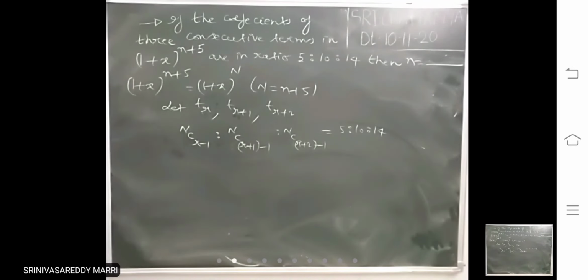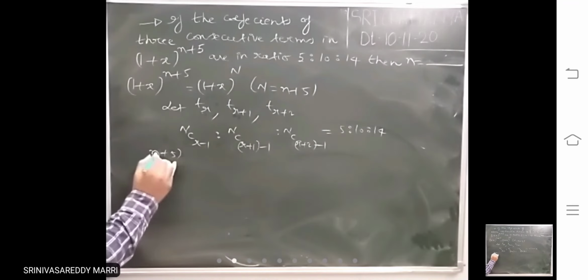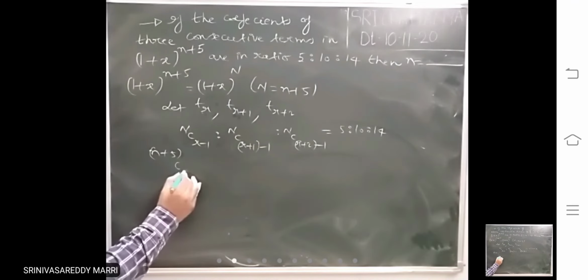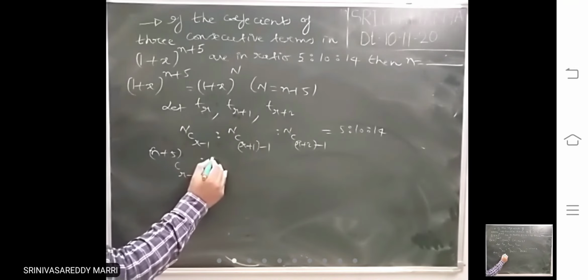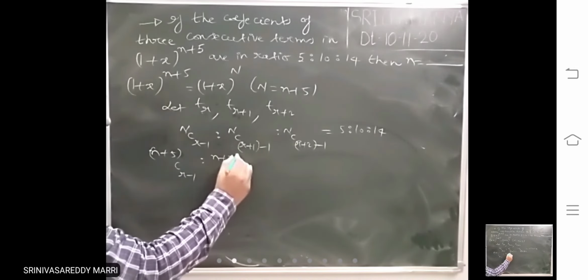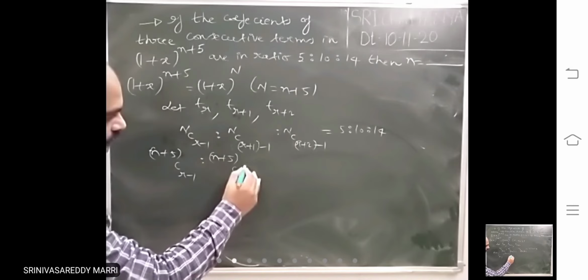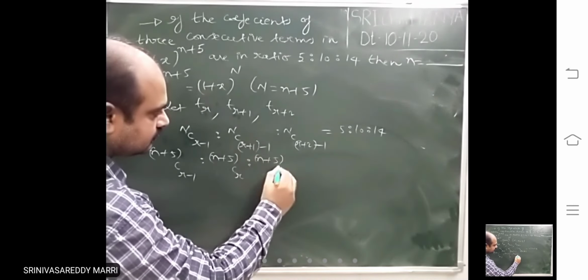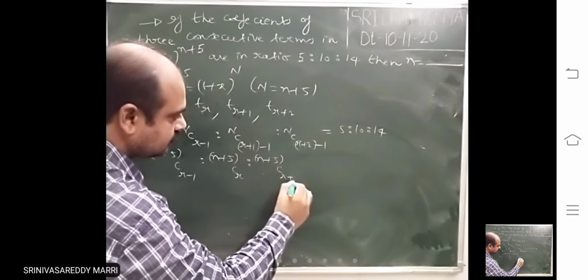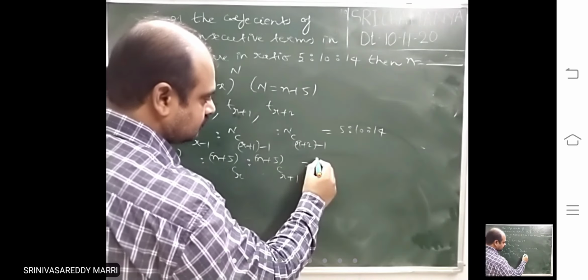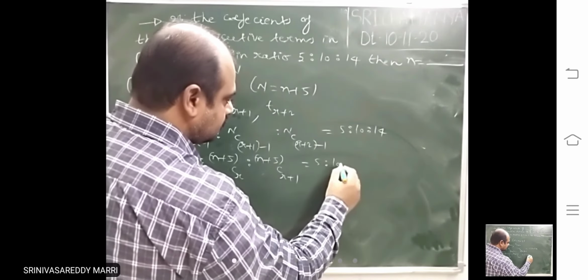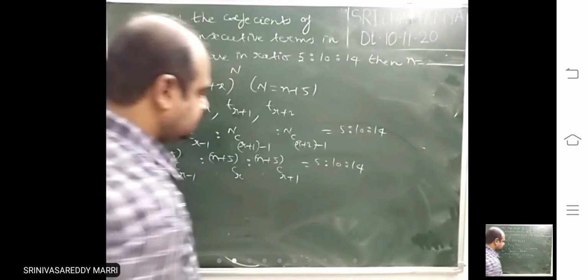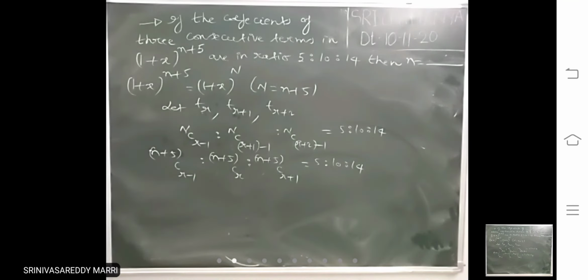Capital N is what? n plus 5. So from this you have to find what is n.